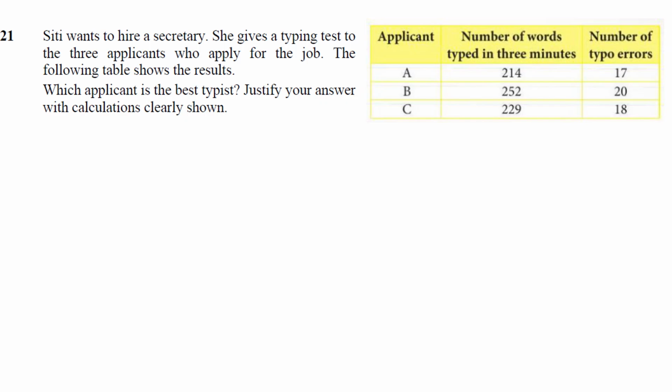So we need to find out which applicant is the best typist. The applicants are classified as A, B, and C. Applicant A is able to type 214 words in 3 minutes, and made 17 errors. Okay, this secretary can be a male or female, so it doesn't matter.